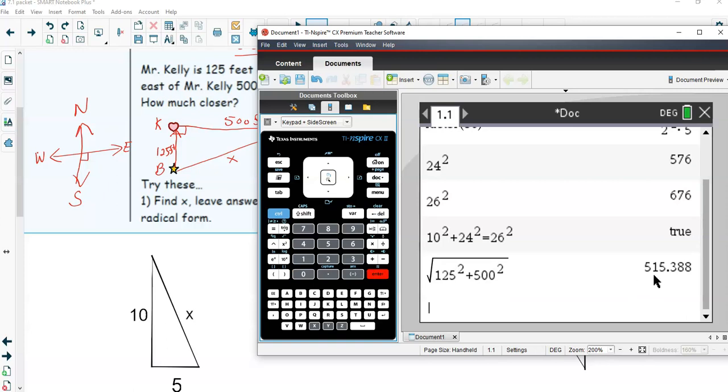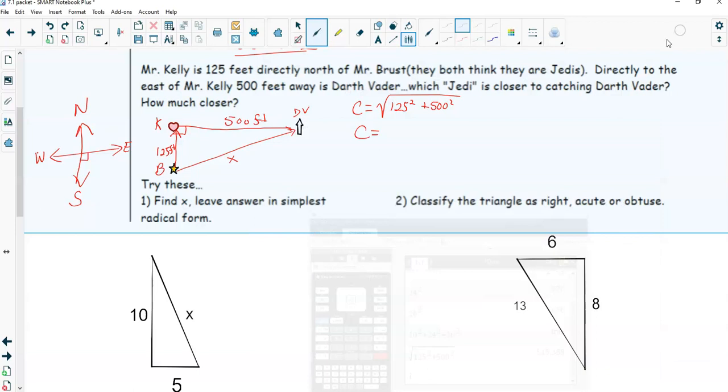Enter. So notice that's 515.4 approximately. So that's approximately 515.4 feet.